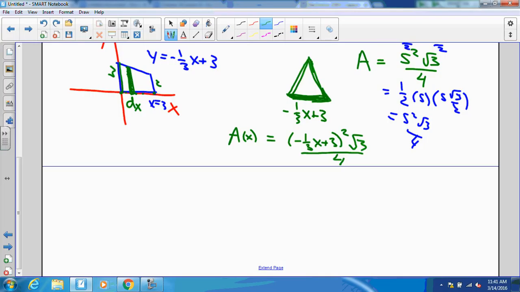Once you have the area as a function of x, the game is won, because the volume is automatically the integral of area dx. Each one of these pieces is going to have a volume which is area times width. And if you now add up all the pieces from x equals 0 to x equals 3, then you get the whole volume of the entire thing.